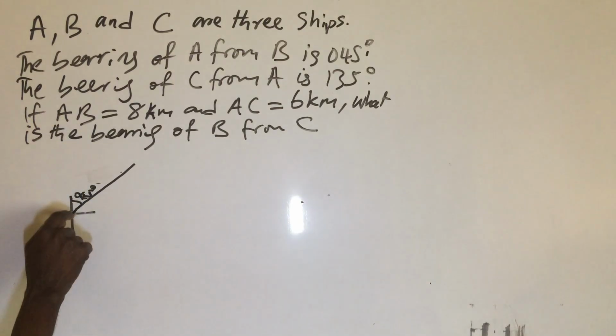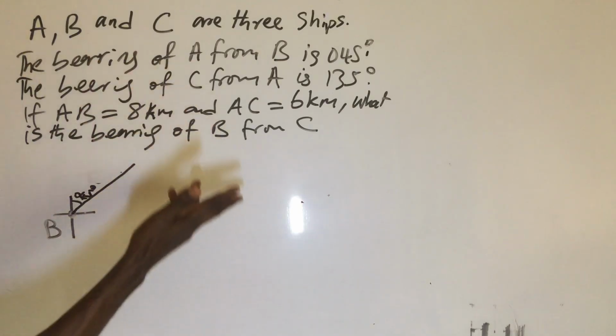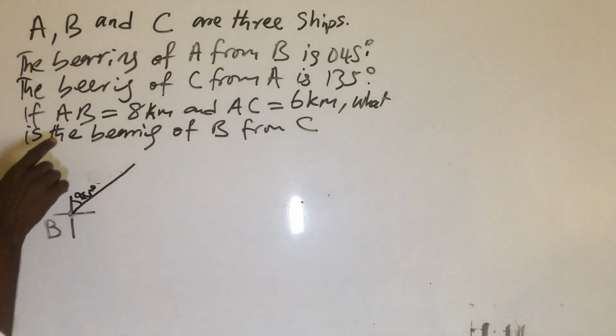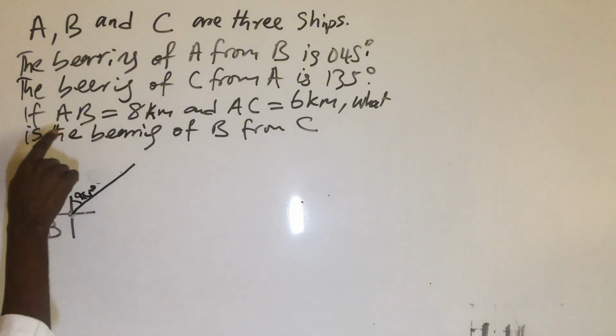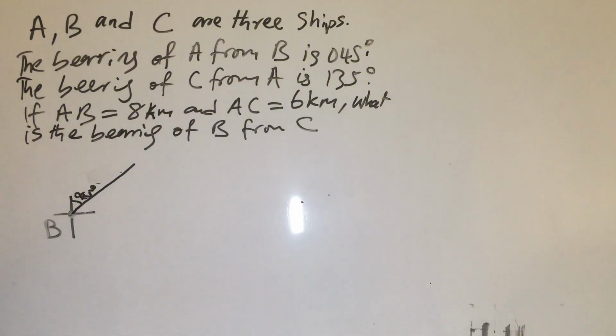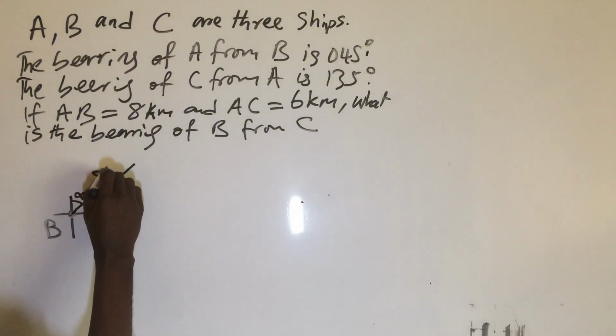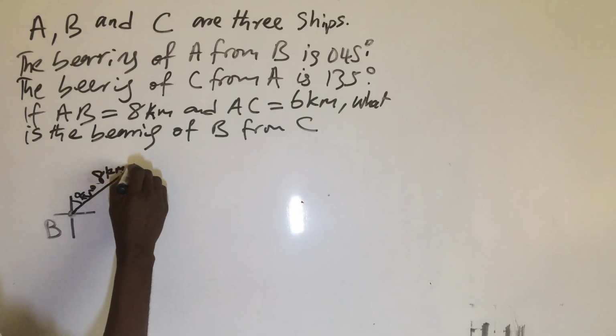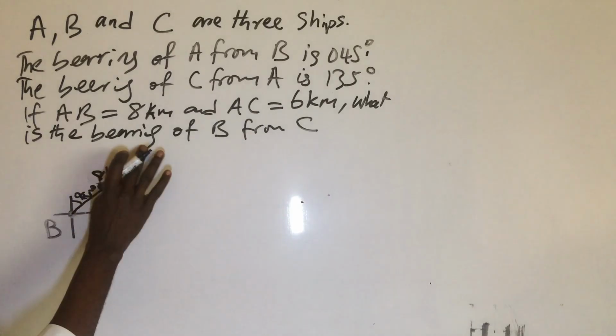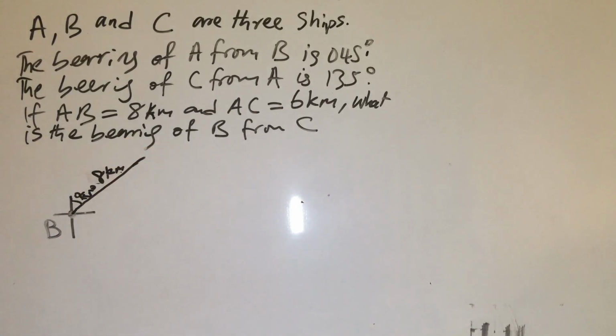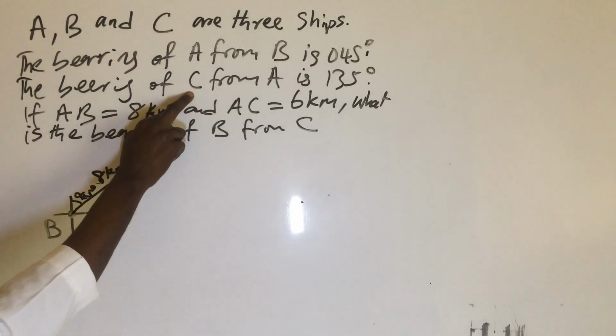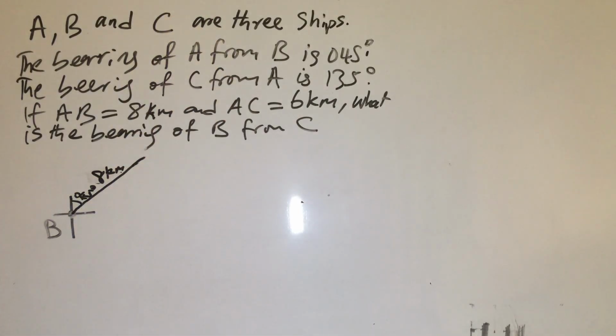And the distance it reaches before another ship takes off is 8 kilometers, because it says AB. So the distance of 8 kilometers is what it has traveled before C now continues the journey.